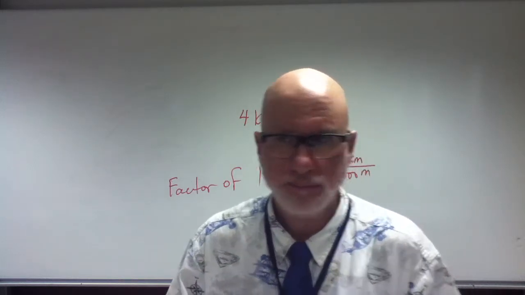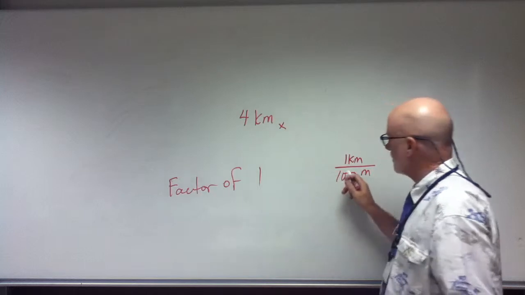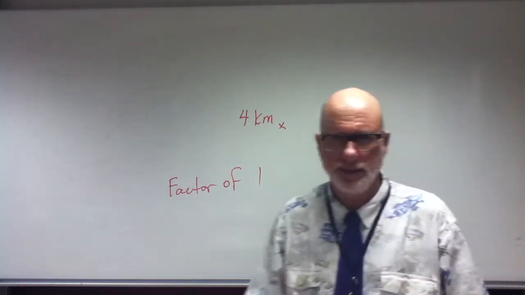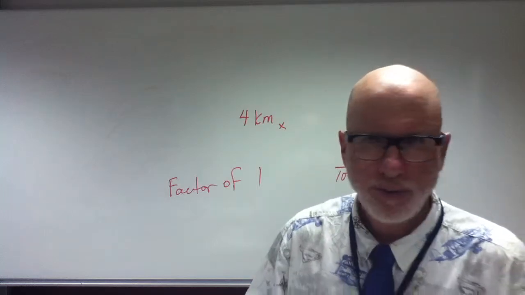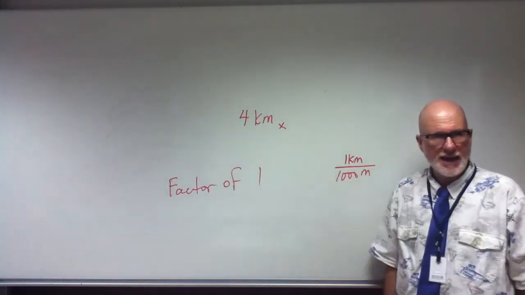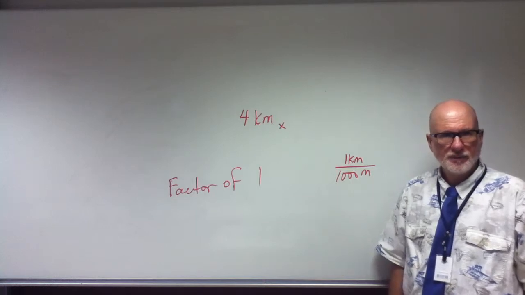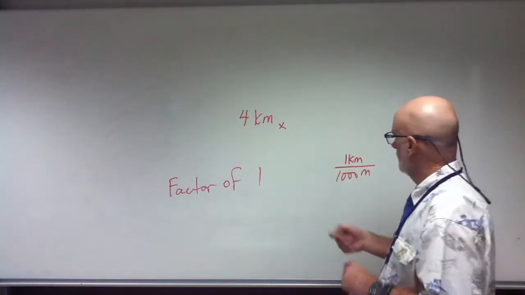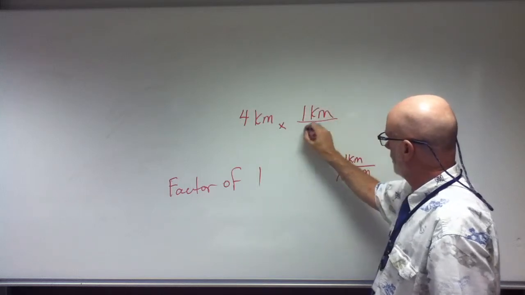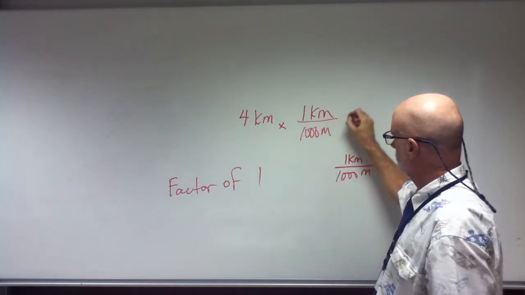Clear? So if I multiply this by 1 kilometer over 1,000 meters, is that going to convert it into meters? What would I have to multiply this by relative to this for it to happen? Is this going to work? So 1 kilometer over 1,000 meters.